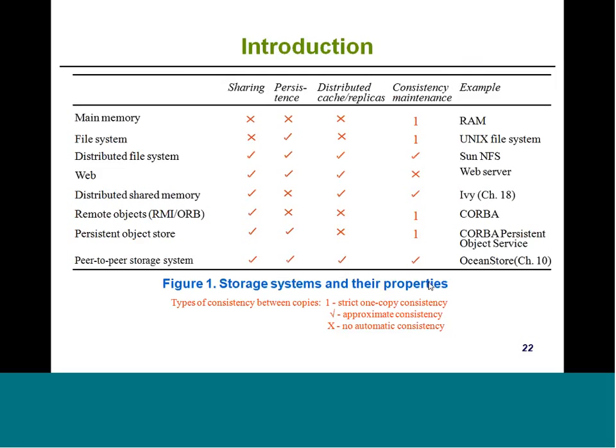So we are not looking at the caches or whatever is inside the chip. Main memory is not a shared memory. Mostly it's local to that particular machine or that particular CPU. And it's not persistent.